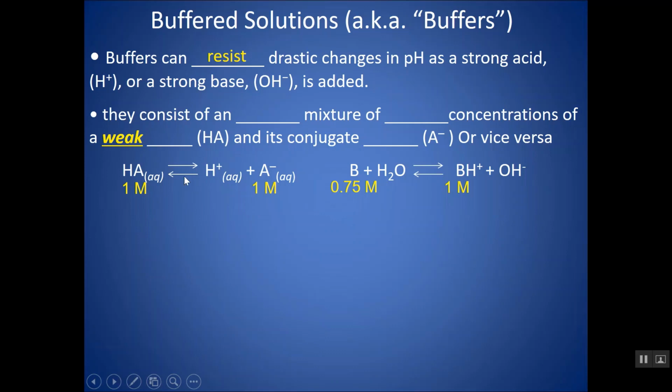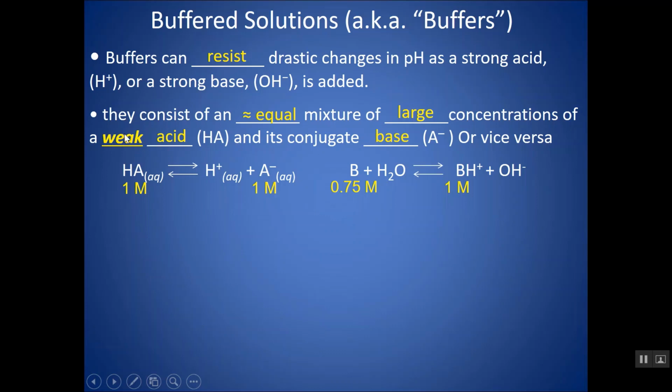So essentially, you need to make sure that you have a roughly equal mixture. You want both HA and A minus present so that it can shift one way or another. And you want large concentrations so that they can resist changes enough. And you want to make sure that you have a weak acid and its conjugate base present.